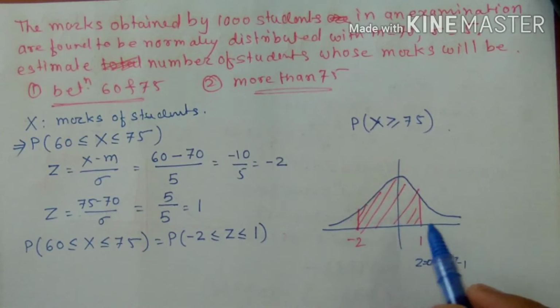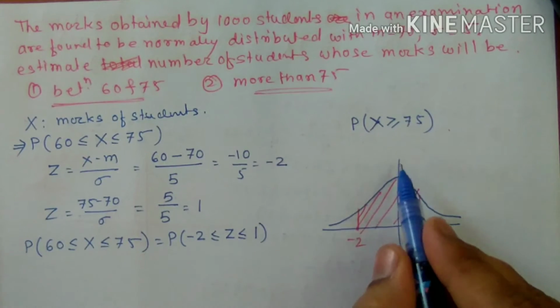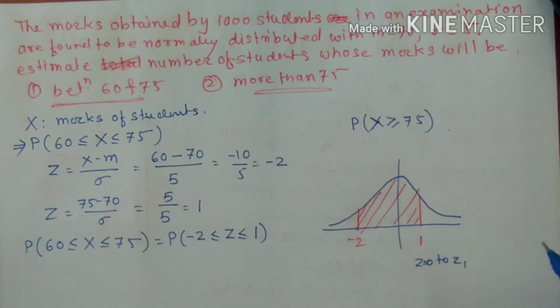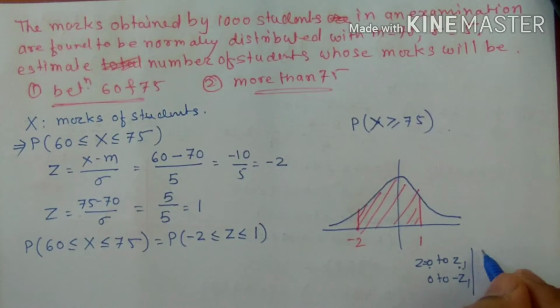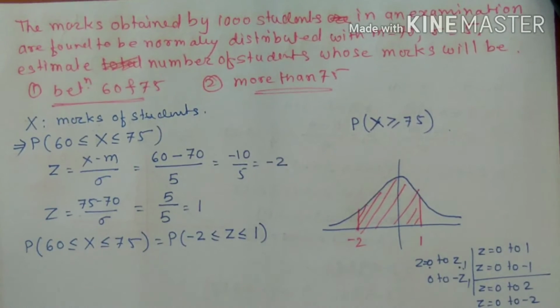But one property we have seen is that for the standard normal curve the y-axis acts as an axis of symmetry. It means whatever the area between 0 to Z1 on the right is the same as the area between 0 to minus Z1 on the left. So the area between 0 and 1 is the same as between 0 and minus 1. Similarly, the area for Z from 0 to 2 is the same as from 0 to minus 2. I hope this idea is now clear.